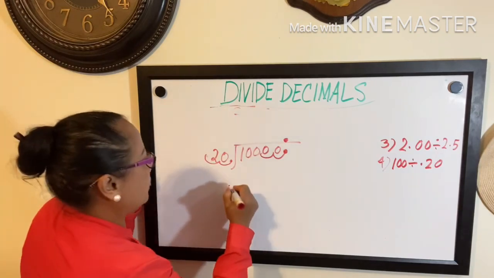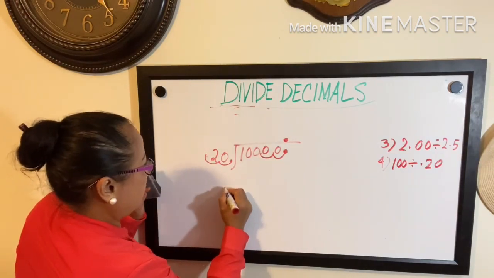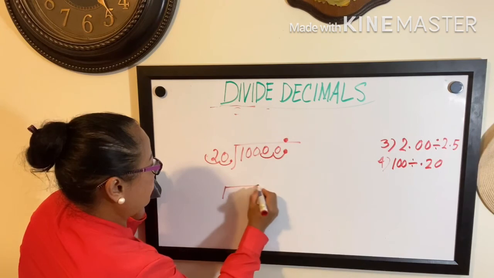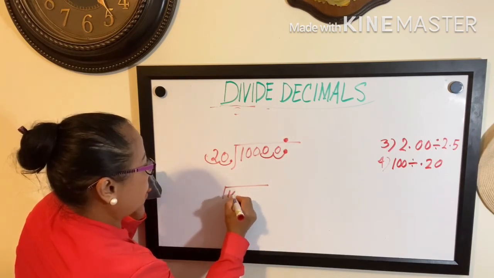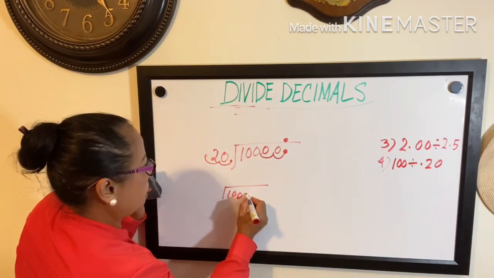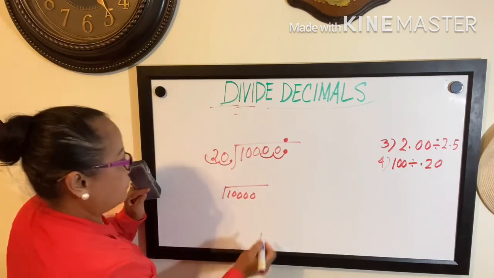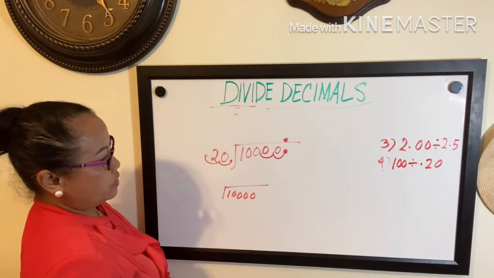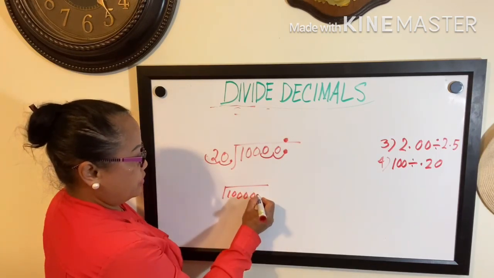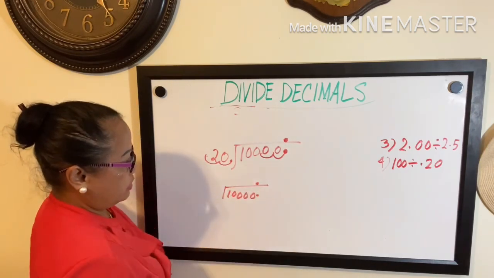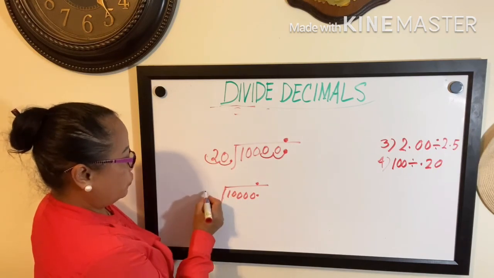Our solution is like this now. So there are 4 zeros. It's here the decimal, and here the decimal, and then 20.